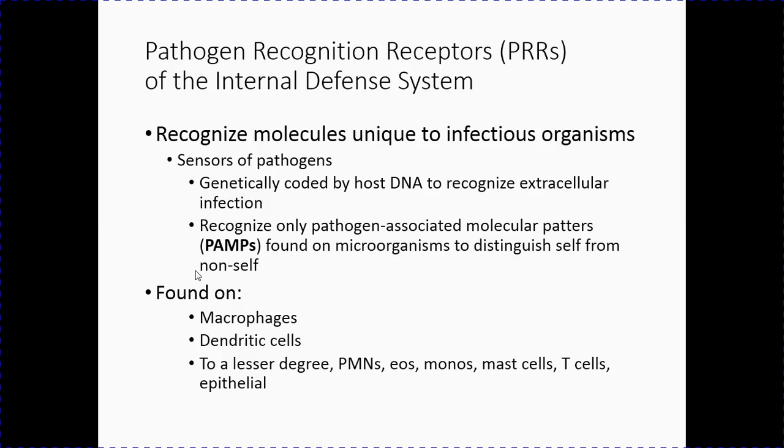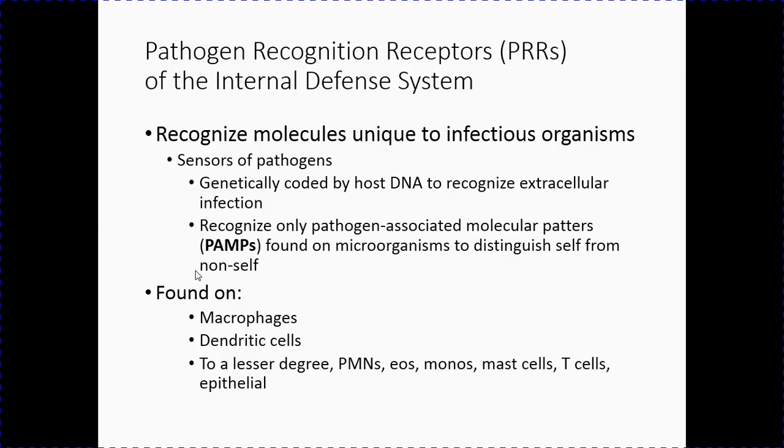Probably the most difficult concept for the day are these pathogen recognition receptors. As I said earlier, phagocytes contain receptors, and we call these PRRs, pathogen recognition receptors, that are really designed to recognize a molecule unique to pathogens, not necessarily one pathogen, but not found on self.